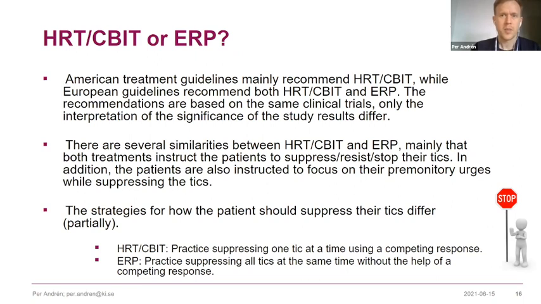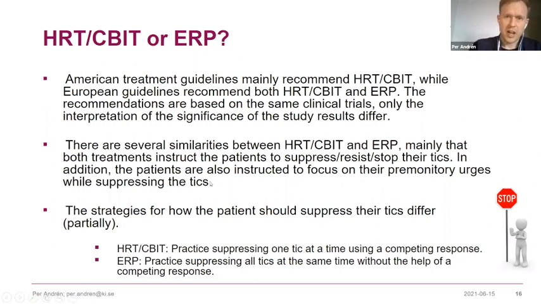The European guidelines recommend both HRT and CBIT and ERP. It's not that the Europeans have used any other studies. It's based on the same studies, but there are different interpretations of what this actually means for clinical recommendations.